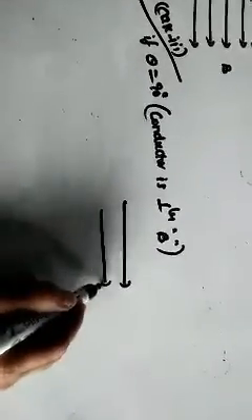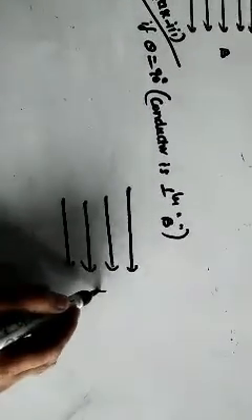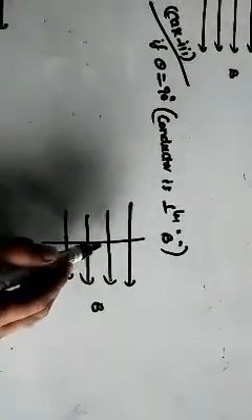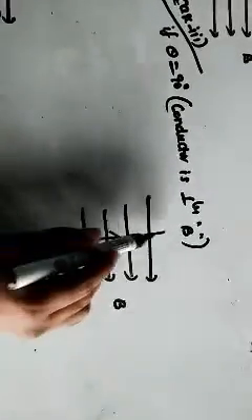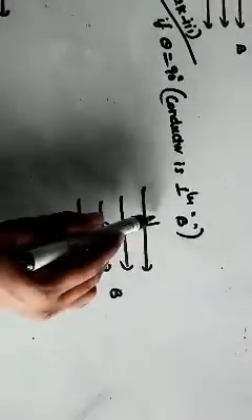Now coming to case 3: if theta is equal to 90 degree, that means the conductor is perpendicular to the magnetic field. This is the magnetic field of induction B, and the current carrying conductor is kept perpendicular like this. The arrow mark may be upwards or downwards, that is immaterial.